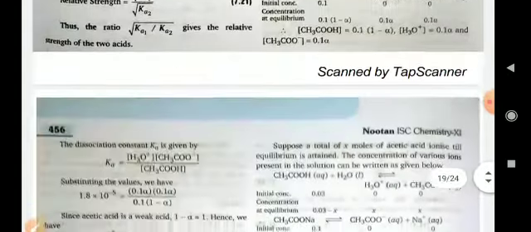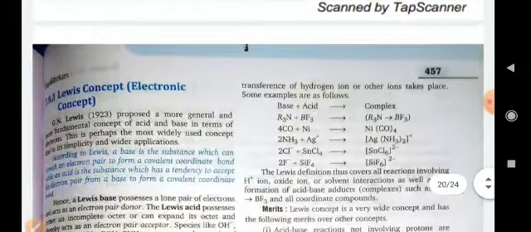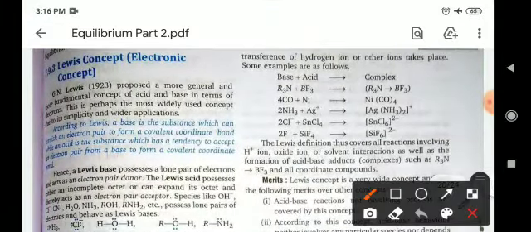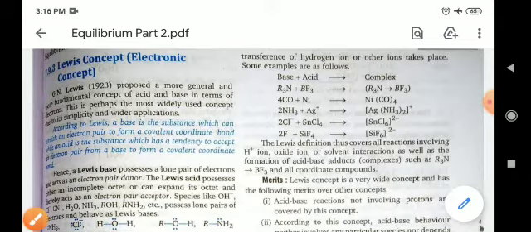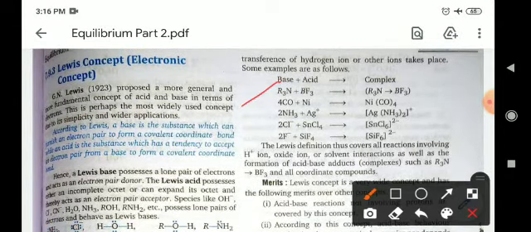Now come to the Lewis concept of electronic configuration. According to Lewis, the species which can donate a lone pair of electrons is known as a Lewis base, and the species which can accept a lone pair of electrons is known as a Lewis acid. For example, R3N plus BF3 forms an adduct.